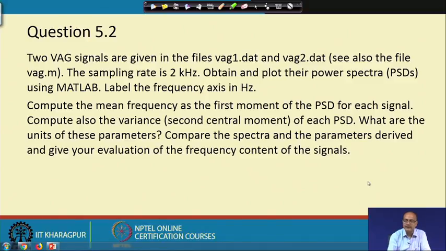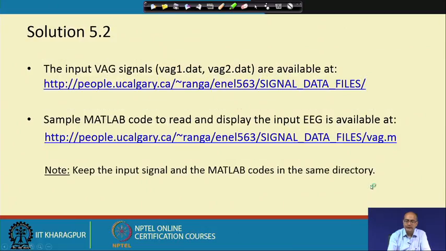Okay? So, that is the task given to us. So, first thing is to look for the signal. We get the signal in this link, and the corresponding MATLAB code to read that signal, VAG.m, we get it there, and first thing is to download them and keep them in the working directory of MATLAB.